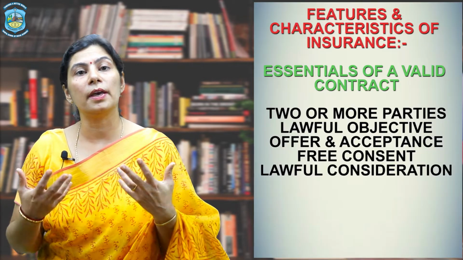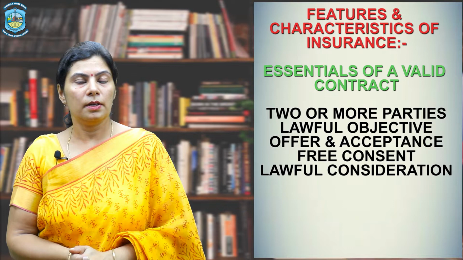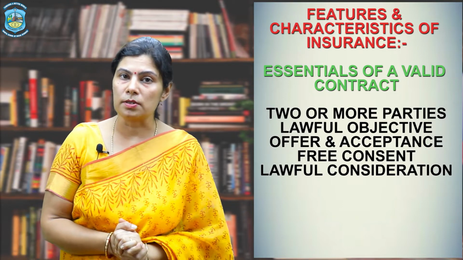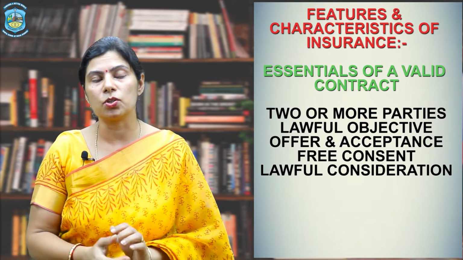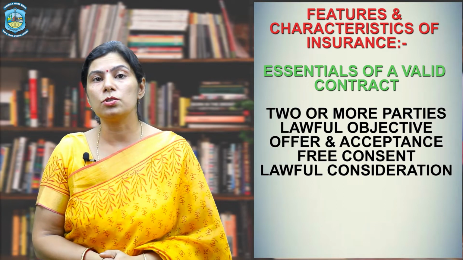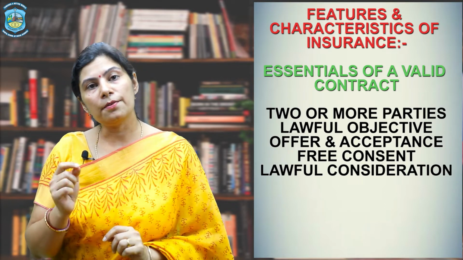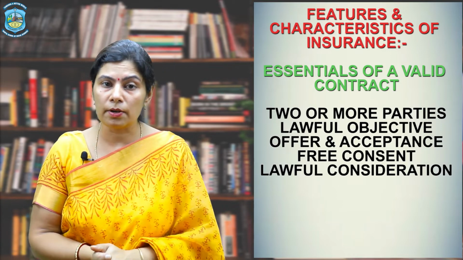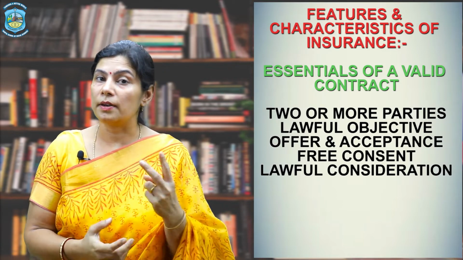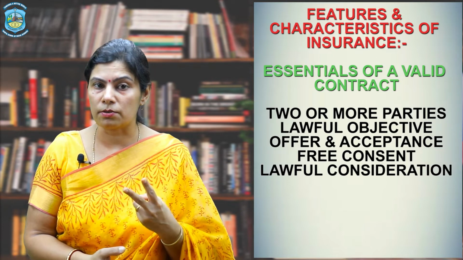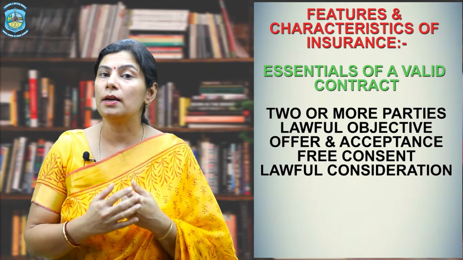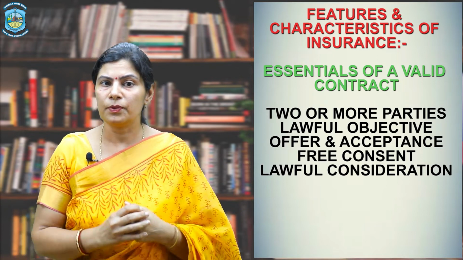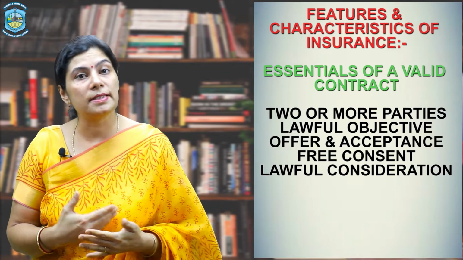So after understanding what is insurance, let us now look at the basic features or characteristics of insurance. The very first characteristic of insurance, as was mentioned in the definition as well, was the essentials of a valid contract. Every insurance contract should have all the essentials of a valid contract, which are: there has to be at least 2 parties in the contract, there has to be a lawful objective, there has to be offer and acceptance.